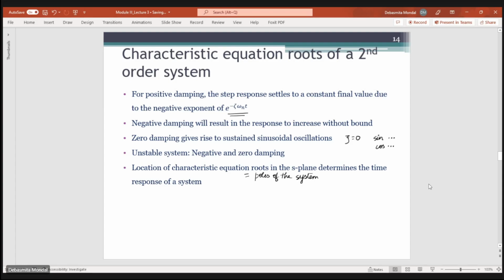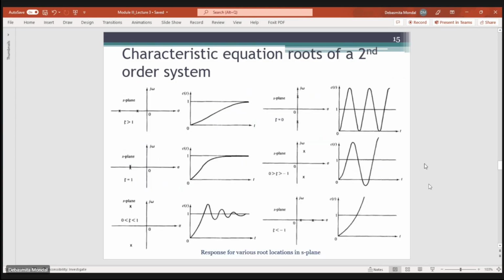So if you have a system and you can find out what poles are present in it, you can predict the nature of the time response of the system. Okay, so let's see some characteristics of different time responses when the root locations are different in the S-plane.